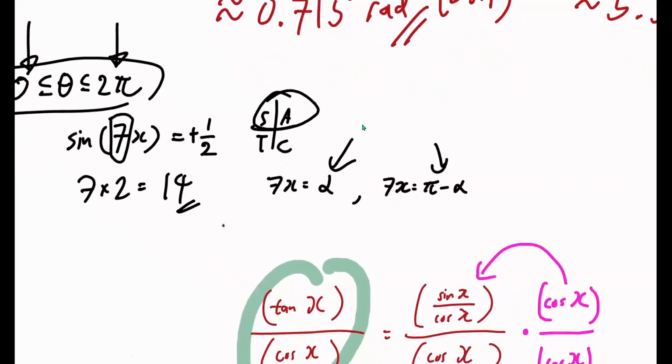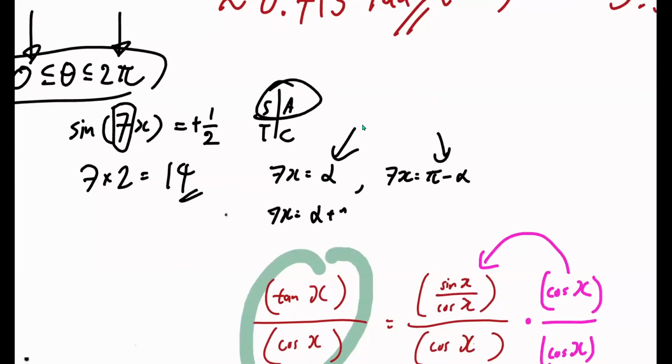So you also have to consider 7x equals alpha plus 2 pi times 1, where alpha is sine inverse of half, I think 30 degrees or pi over 6, and alpha plus 2 pi times 2, and so on all the way until alpha plus 2 pi times 6 to get the 7th pair. And then you divide by 7. Add the 2 pi or 360 degrees before you divide.